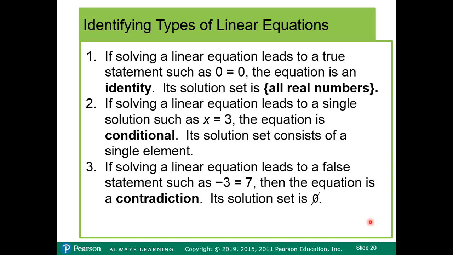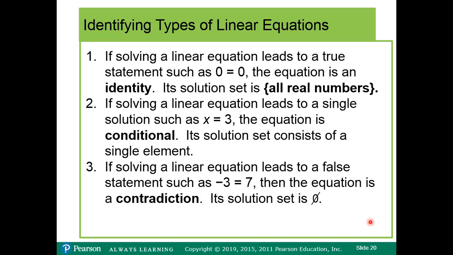So, identifying types of linear equations. One, if solving a linear equation leads to a true statement like 0 equals 0, then it's an identity and it has infinitely many solutions. Two, if solving leads to a single solution like x equals 3, it's conditional.